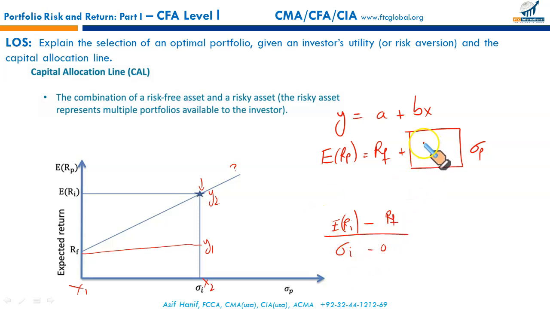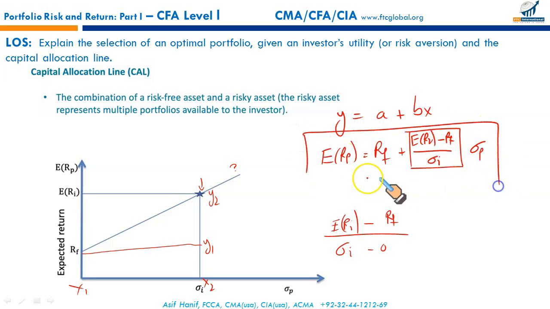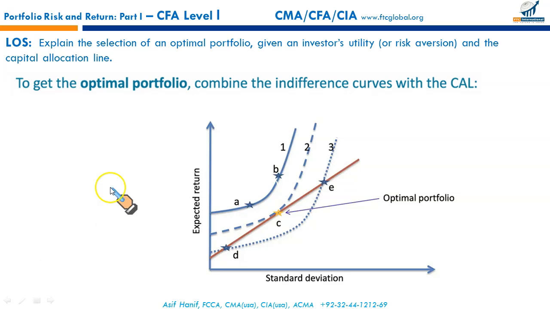So that gives you E(Ri) minus the risk-free rate over the standard deviation of the asset. This equation represents the capital allocation line shown right here. So addition of the riskier assets in the portfolio will increase the overall return of the investor by this coefficient factor.